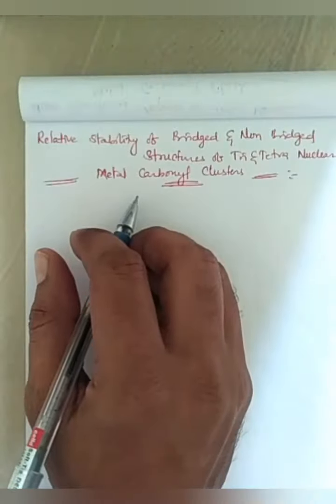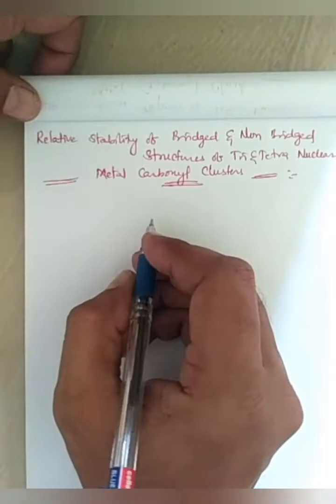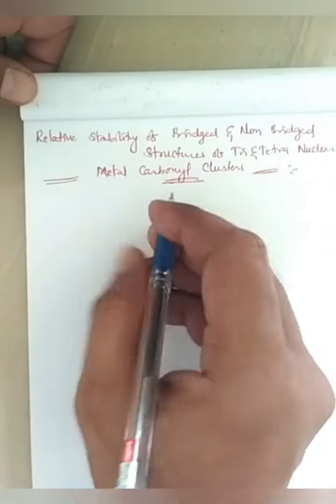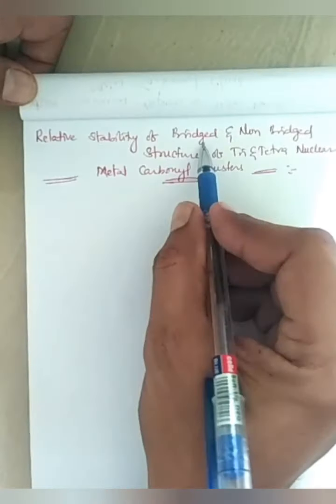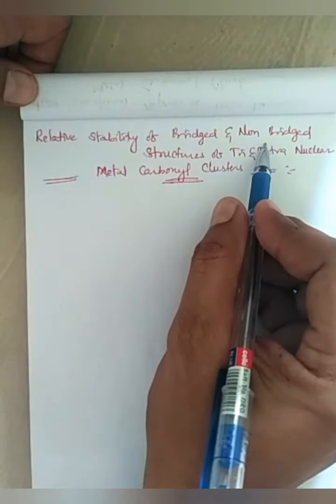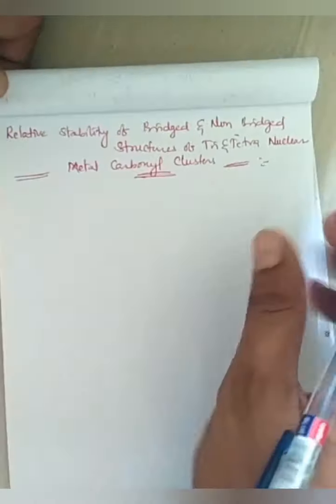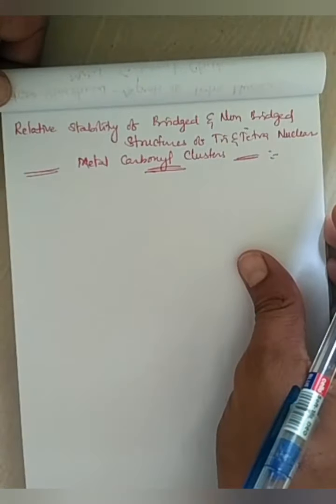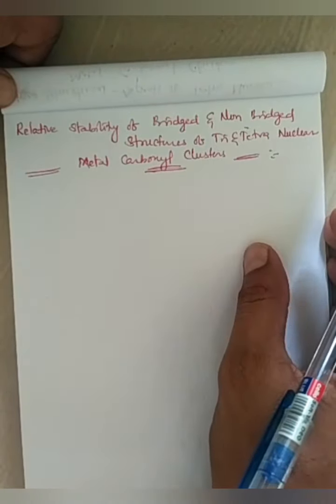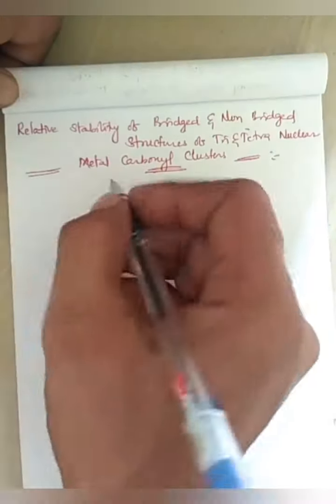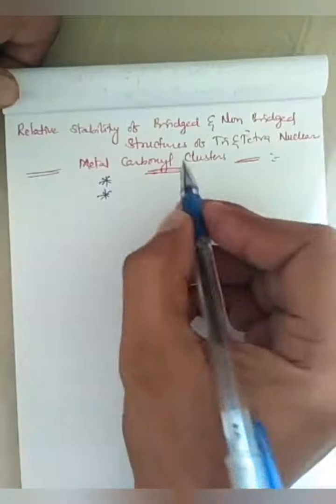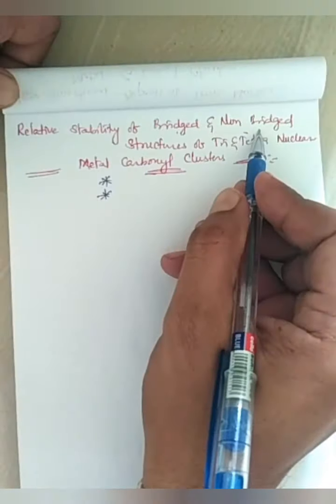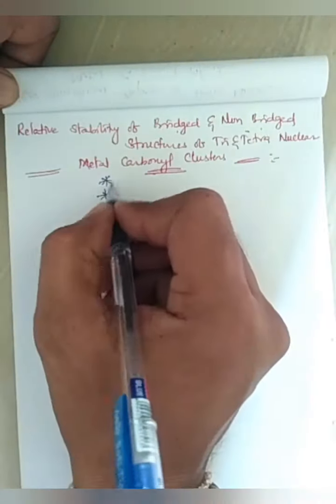So here, the exact explanation or exact factors to define the stability of bridged or non-bridged structures may not be available, but the probable factors we can explain in terms of two things. The stability of bridged or non-bridged structures can be defined with respect to two factors.